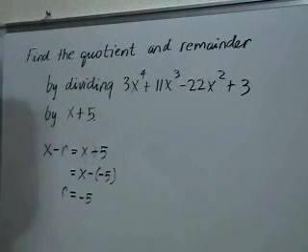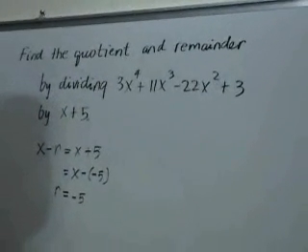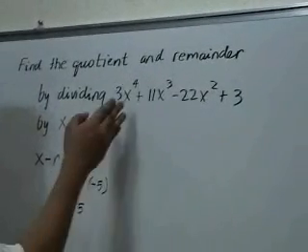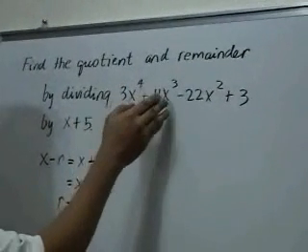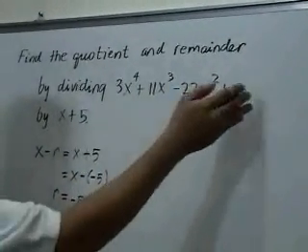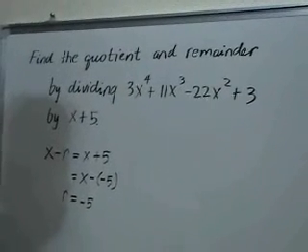Next, we check if the dividend is written in decreasing powers of x with all x terms accounted for. So we have 4, 3, 2, there is no x term, and then x to the 0 for the last term.